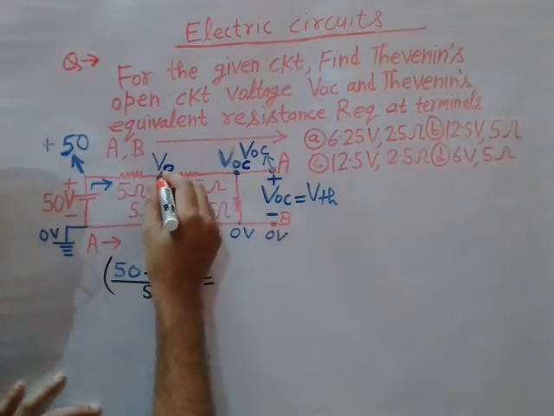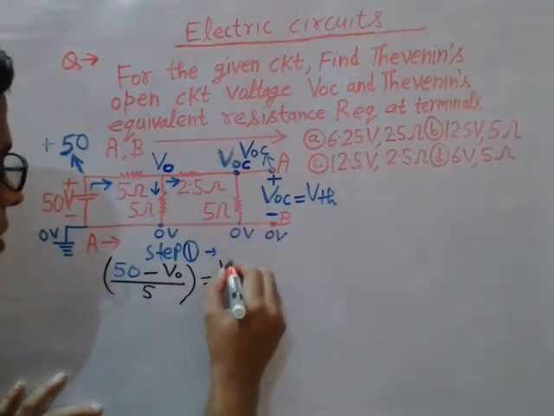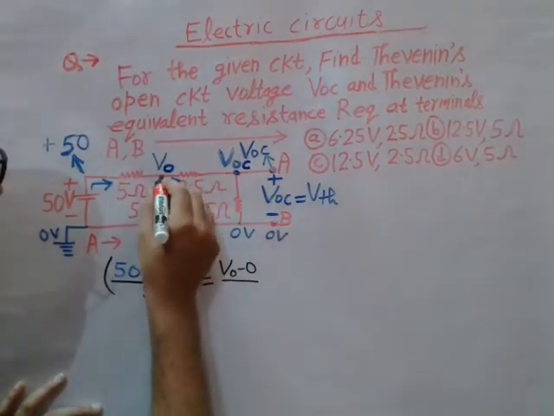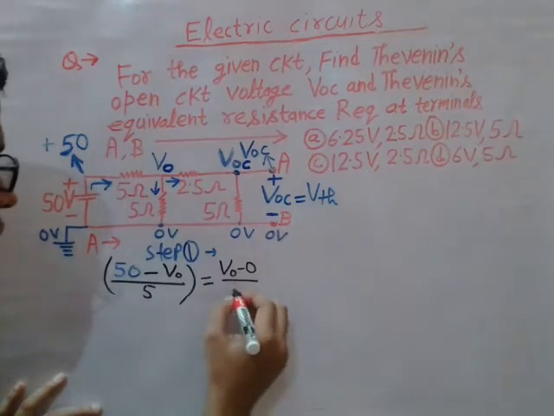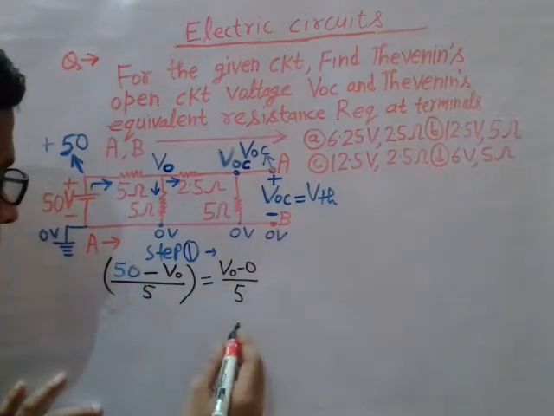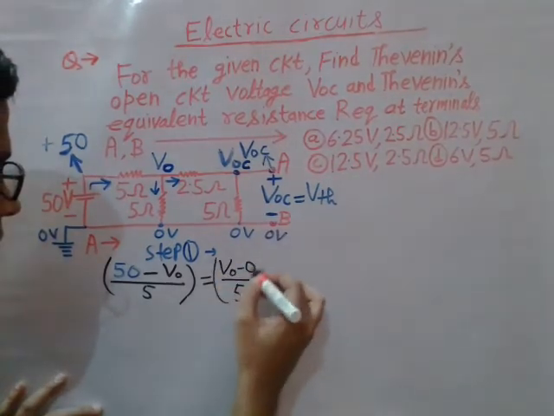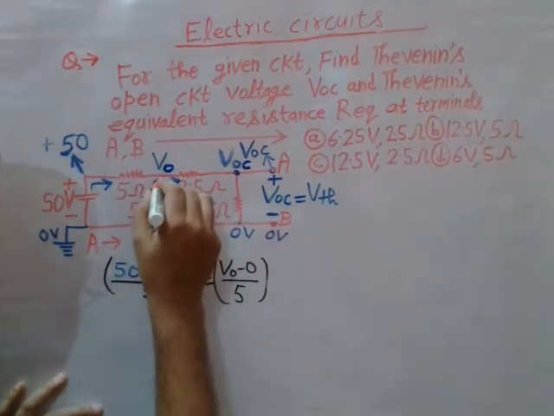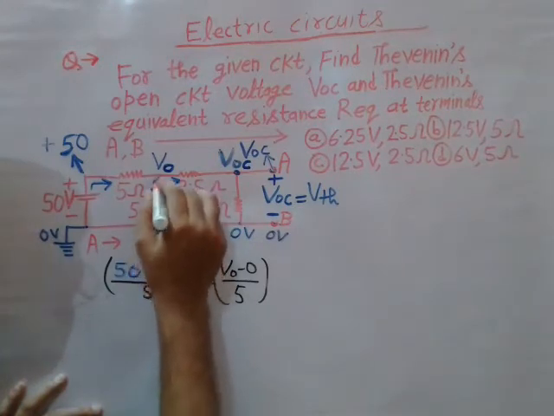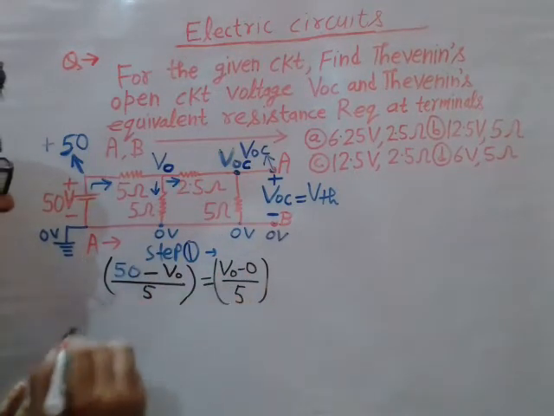V naught minus 0, where the potential of this node is V naught and the potential of this node is 0, divided by this resistance, which is 5 ohm. This is the current flowing in this resistance.